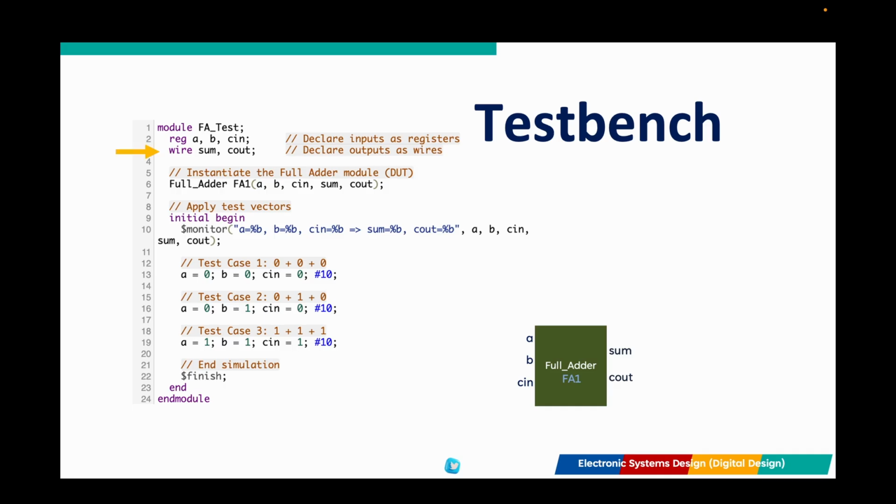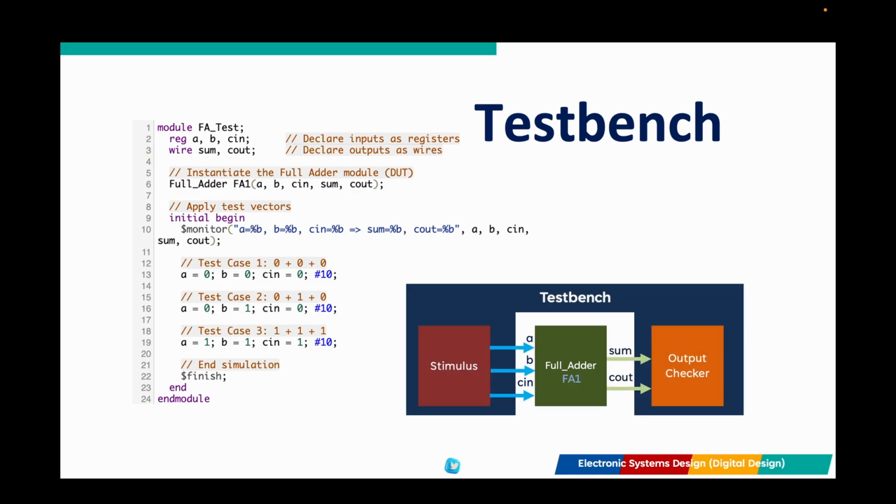For the outputs, the Sum and Cout, we use wires, because they will be continuously driven by the full adder module. Next, we physically connect our virtual lab to the circuit. This is called instantiation. We instantiate a full adder module, passing our test signals into its ports. Now, the device under test is wired up and ready to go.